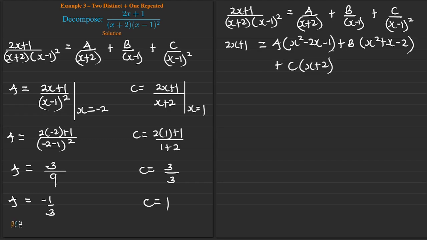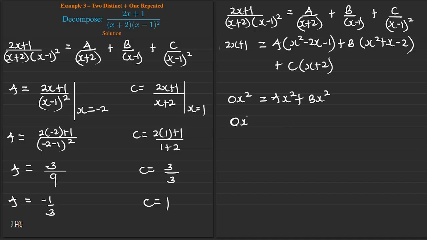Looking at it carefully, b has an x squared, a has an x squared, and we have 0x squared over here. So we can say 0x squared is equal to a times x squared, which is ax squared, plus b times x squared, which gives us bx squared.